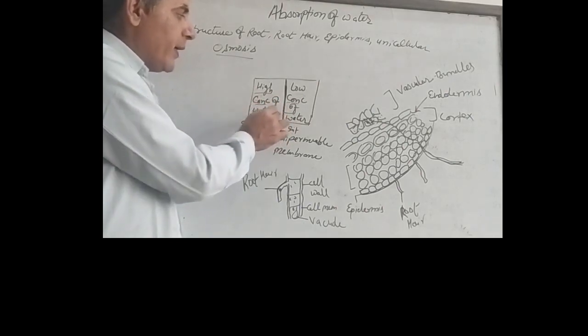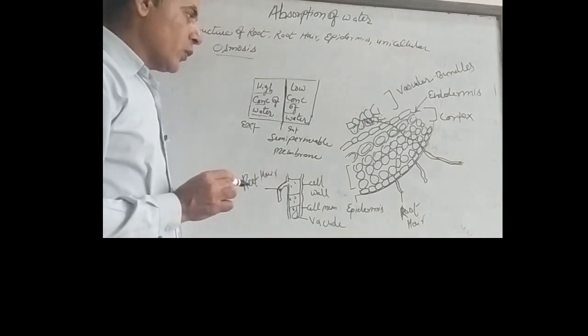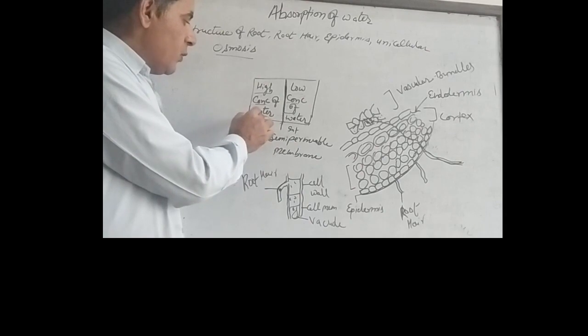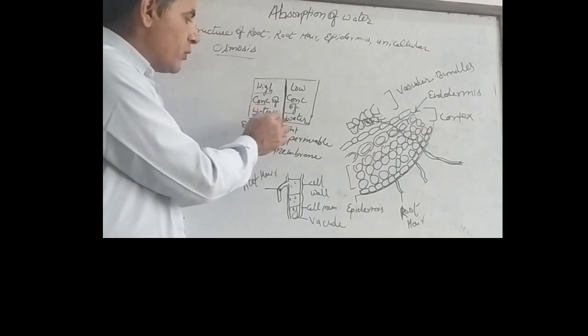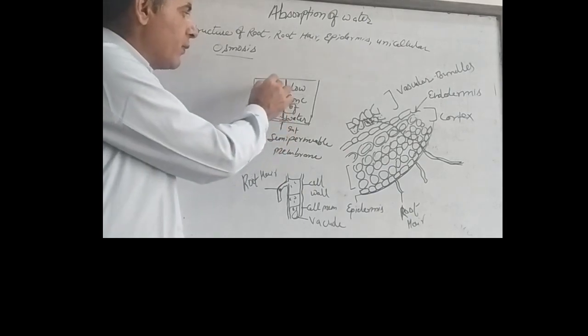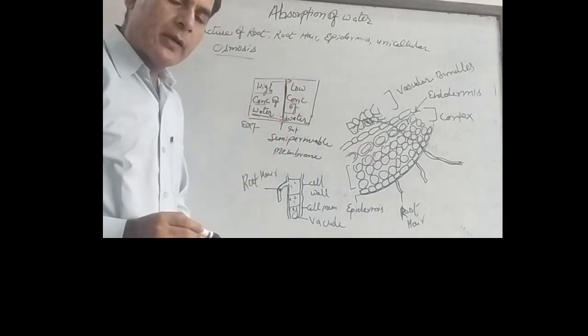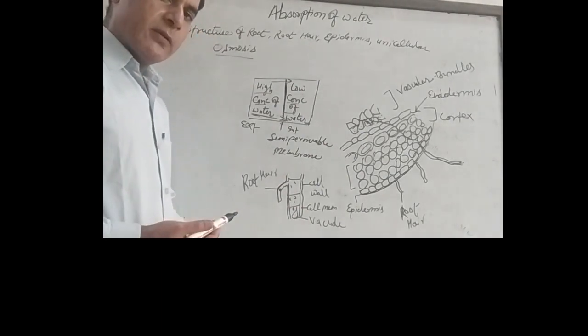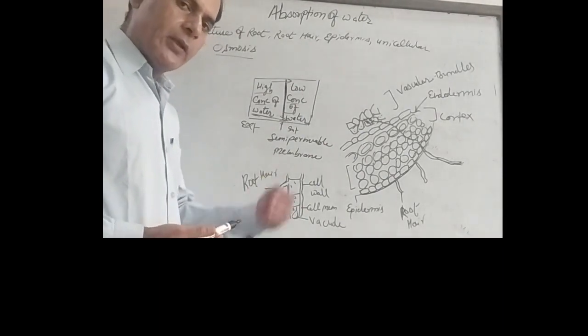Water will always move from high to low concentration. So water will move from outside to inside in the plant, and from cell to cell the water will move to the xylem, and from xylem it will be carried to the leaves of the plant.